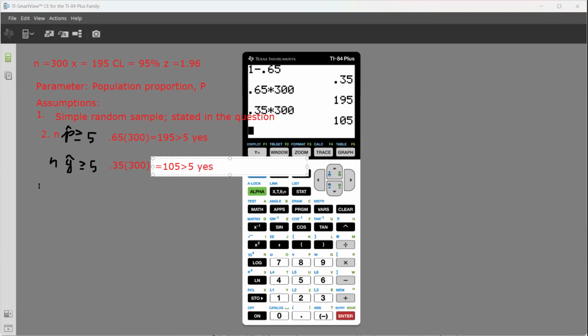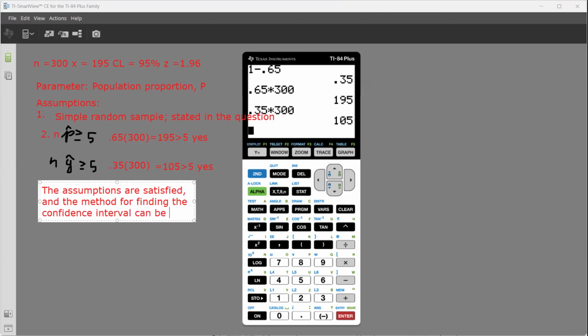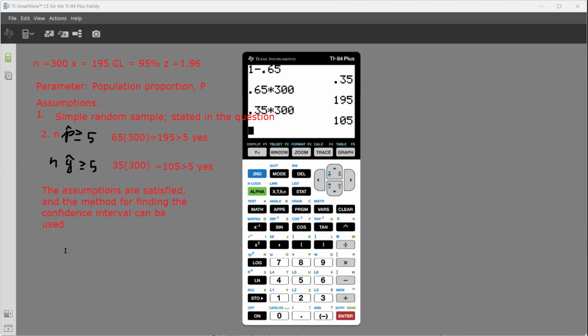So I can say that the assumptions are satisfied and the method for finding the confidence interval can be used. That's what that means. Okay. If for some reason they weren't satisfied, then I couldn't.